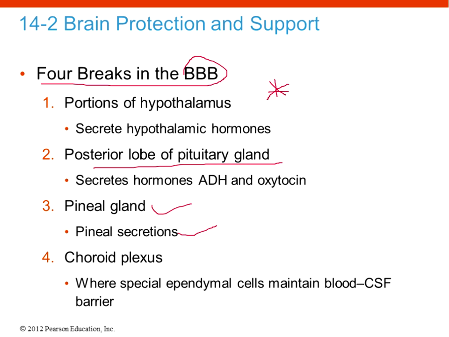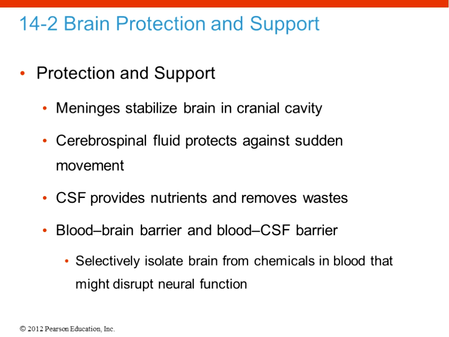Okay, you need a break there. The pituitary gland is also attached to the brain. Okay, and so hormones like ADH and oxytocin need to be released, and then portions of the hypothalamus to allow for hypothalamic hormones, and then again the choroid plexus, which we just talked about. Okay, so those are your breaks in the blood-brain barrier or blood-CSF barrier where that's going to occur.